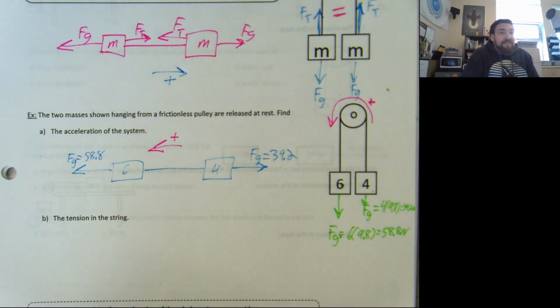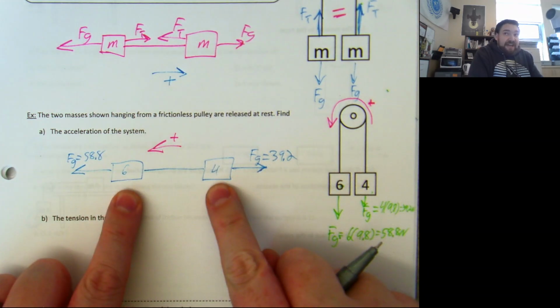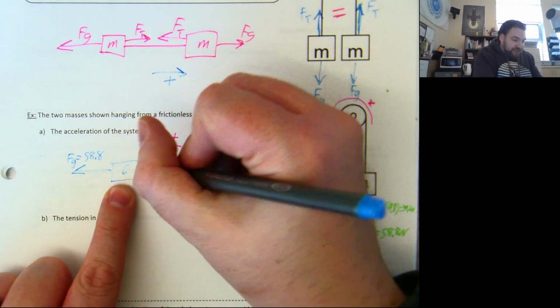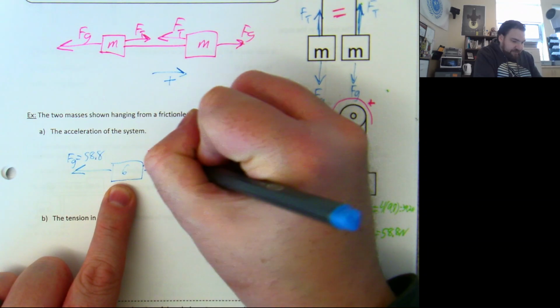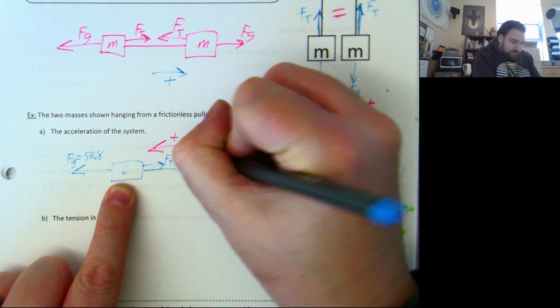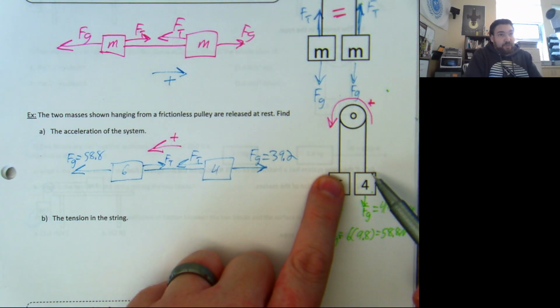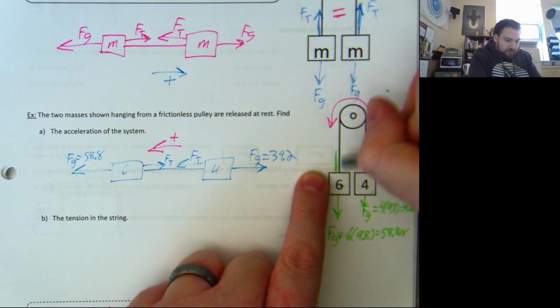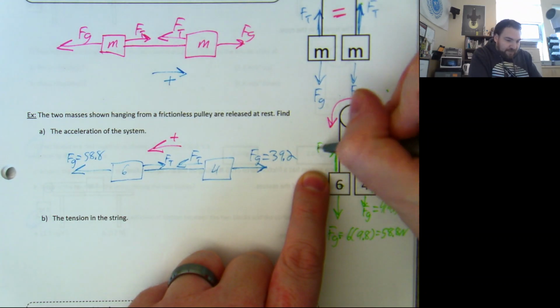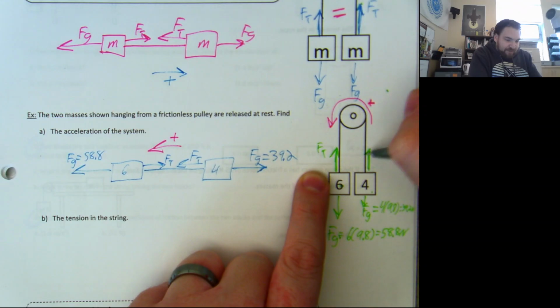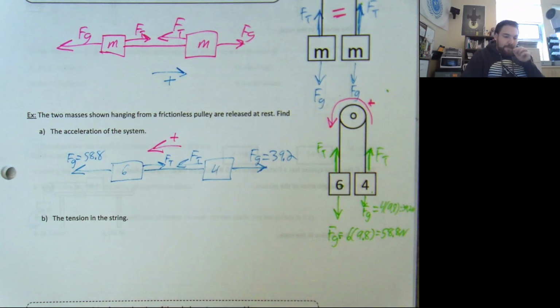Now, the only forces we haven't labeled yet on this thing are tension. So on this diagram, the blue one here, tensions are going to be acting towards each other. And on this diagram, the tensions are also going to be acting towards each other, one up over the pulley clockwise and one up over the pulley counterclockwise.